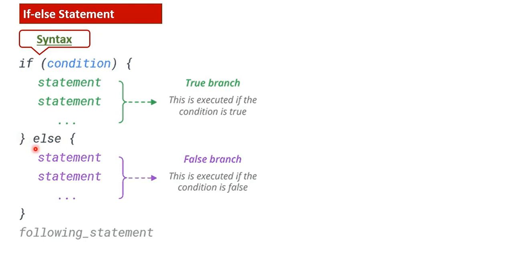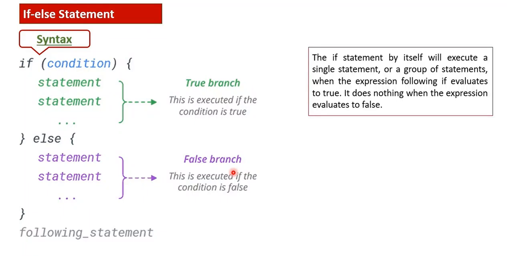In the previous session we discussed only the if part, and now we have another block which is called else. This is the block that will be executed when the condition is false. This is shown as the false branch. The if statement by itself will execute a single statement, or a group of statements, when the expression following if evaluates to true.